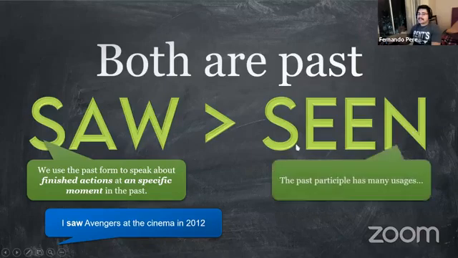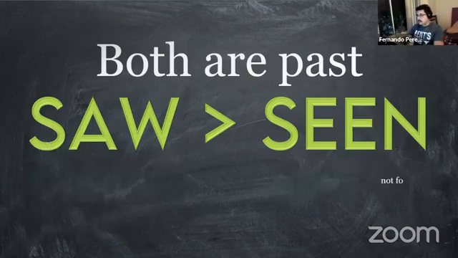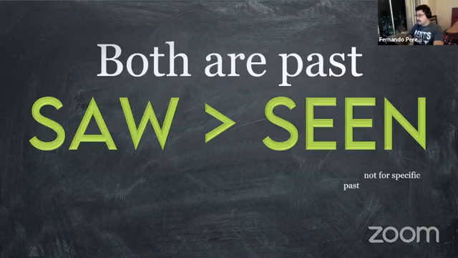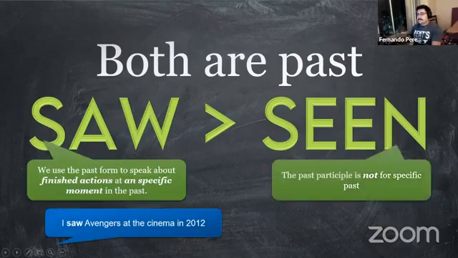But the past participle is not for a specific past. This is the most important part, attention. The past participle is not for a specific past. They cannot. This is super important.